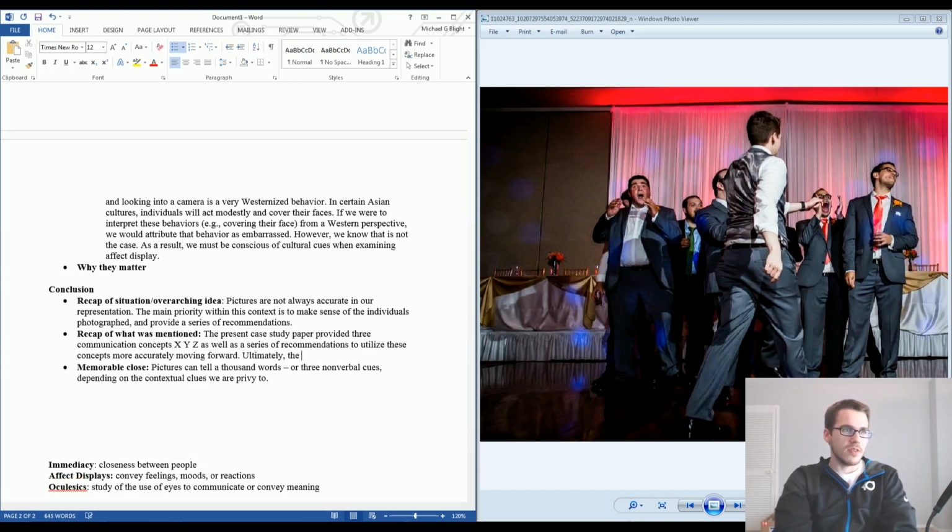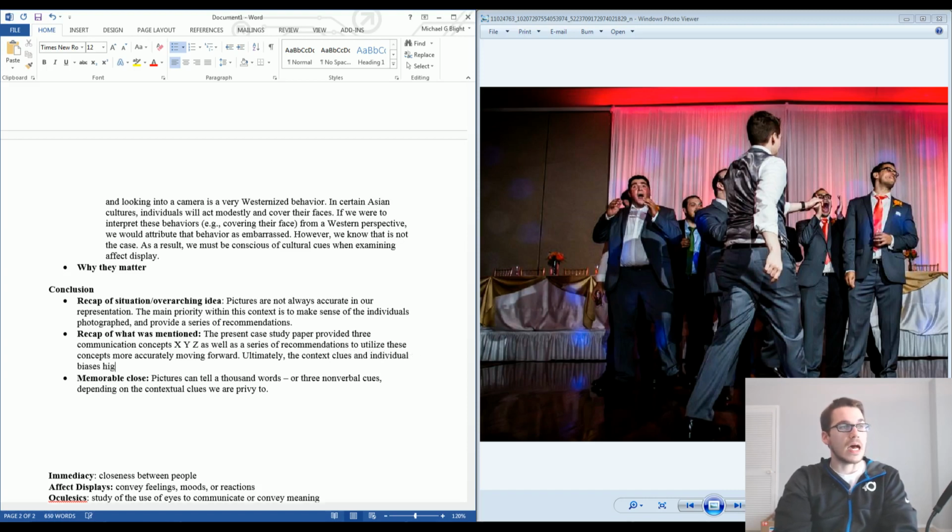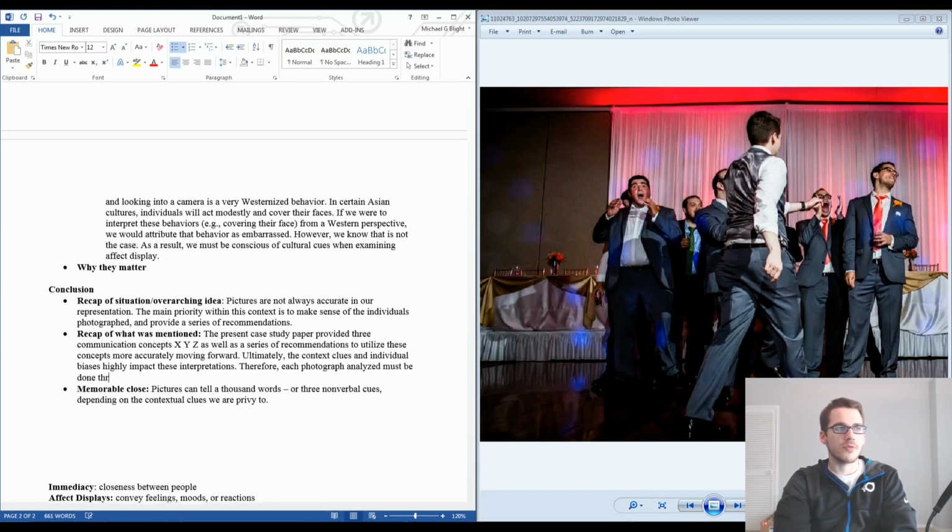Ultimately, the context clues and individual biases highly impact these behaviors or these interpretations. Therefore, each photograph analyzed must be done through an objective lens. Pictures can tell 1,000 words or 3 nonverbal cues, depending on the contextual clues we are privy to.